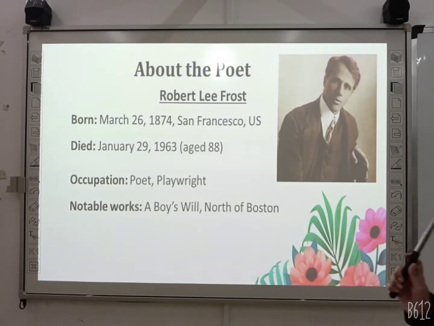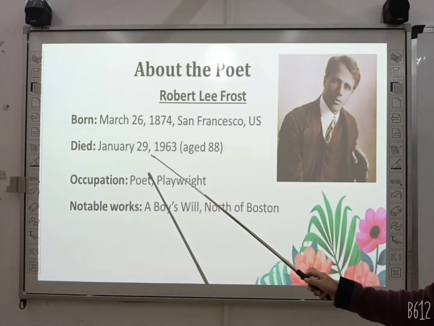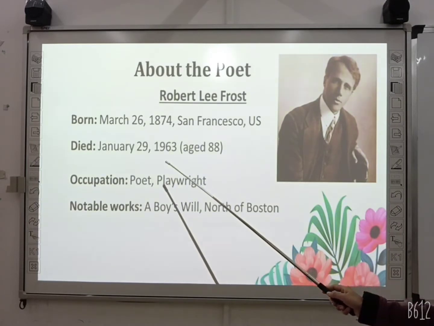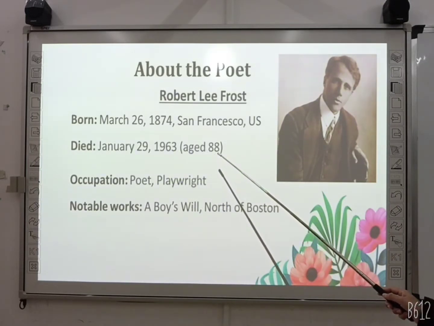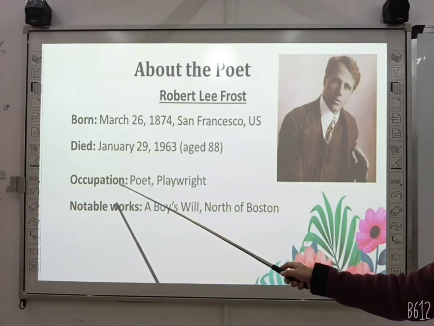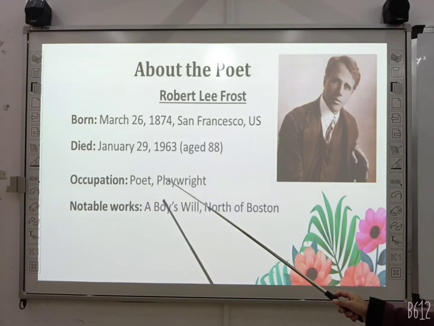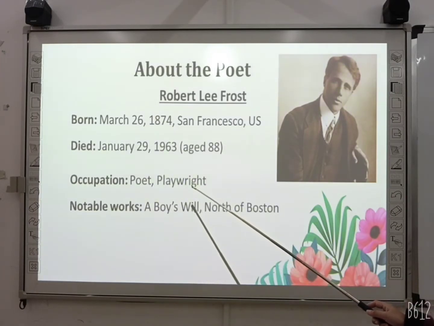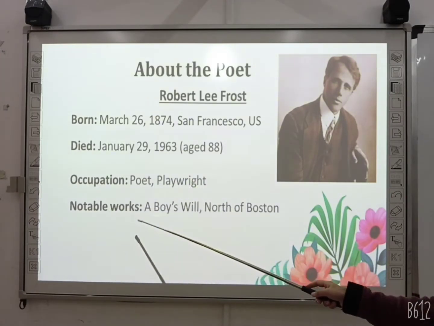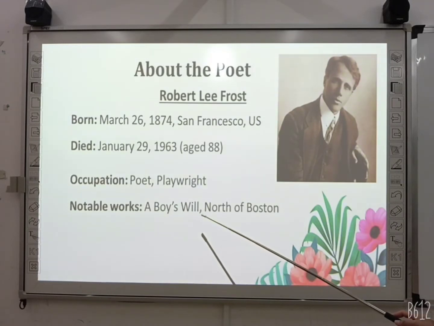He passed away on January 29, 1963, aged 88. His main occupation was poet and playwright. His notable works are A Boy's Will and North of Boston. These are the two main notable works by Robert Frost.